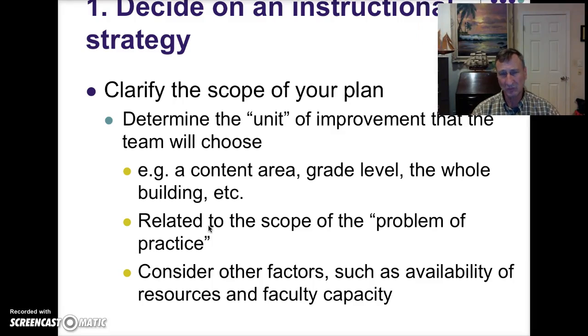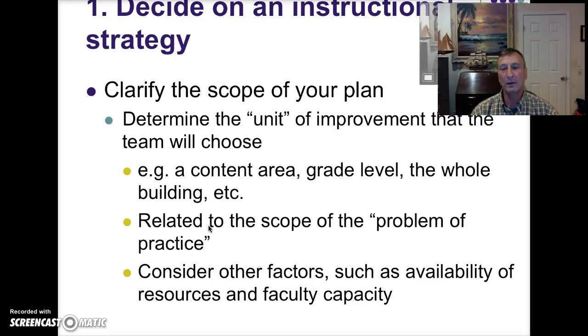And in this particular case, we're talking about an instructional strategy. So what would be the unit of improvement? Content area, grade level, whole building. What's that scope of the problem itself?